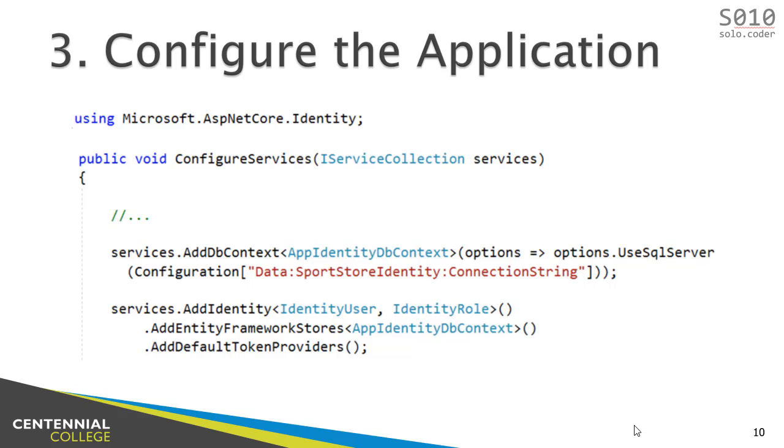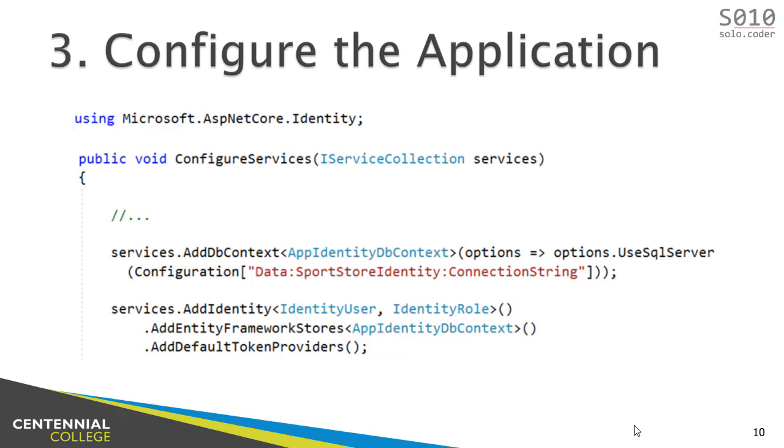Identity user is, because here's the thing, when we use identity in our MVC application, the framework provides to us a class that has properties around a user. This is the class, identity user. Now, this identity user has a limited number of properties. It has name, username, email, and a few other properties.